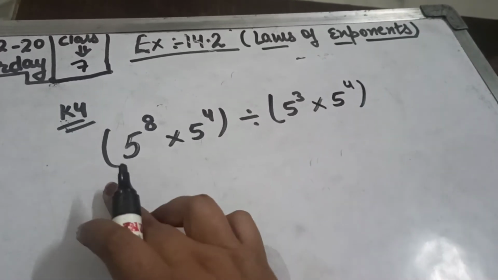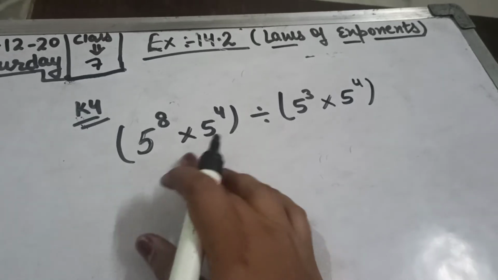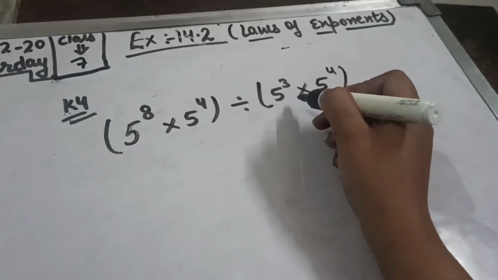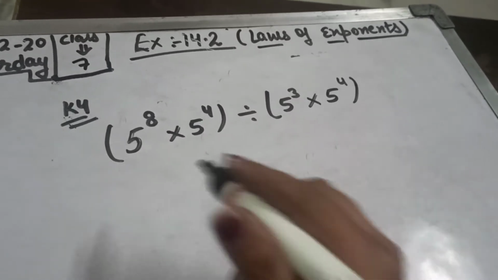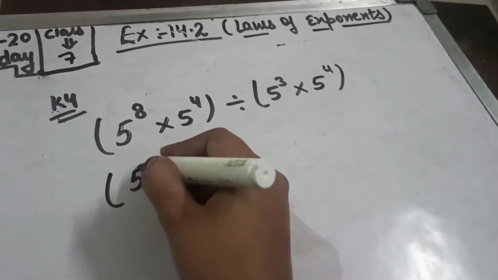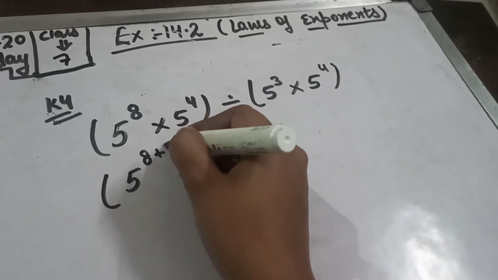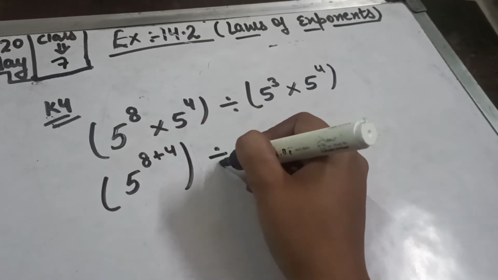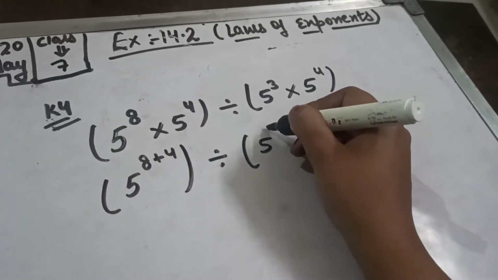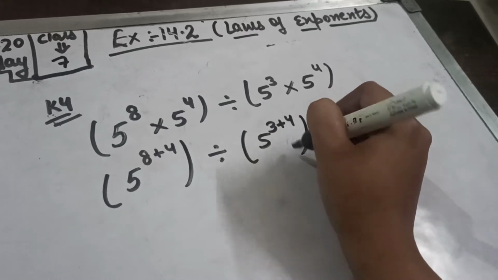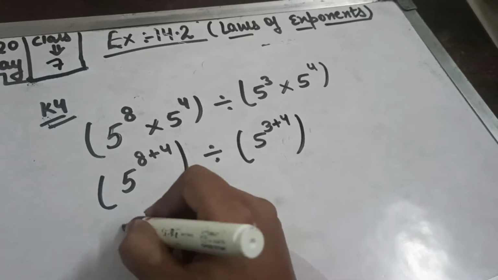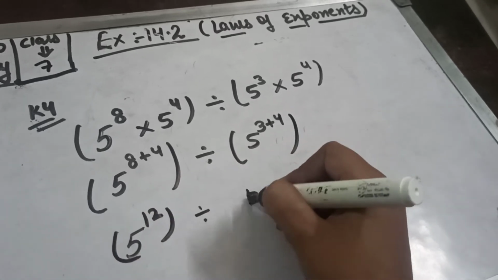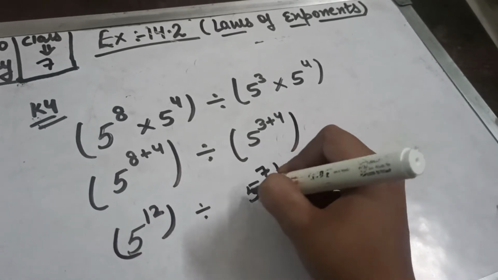Right? Now firstly see, here we have to multiply the bases in this also. So when the base is same, what will we do? We will add the powers. 8 plus 4 divide 5 to the power 3 plus 4. 8 plus 4 is 12, divide 3 plus 4, 7.